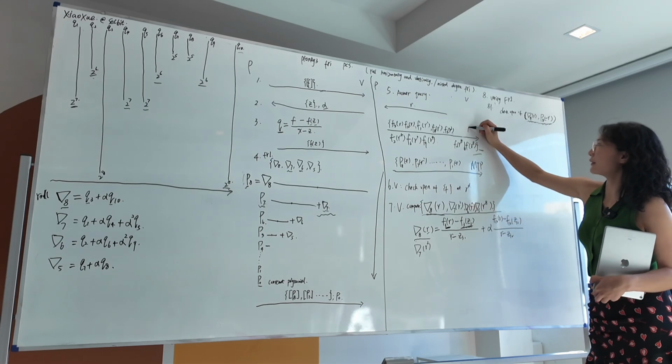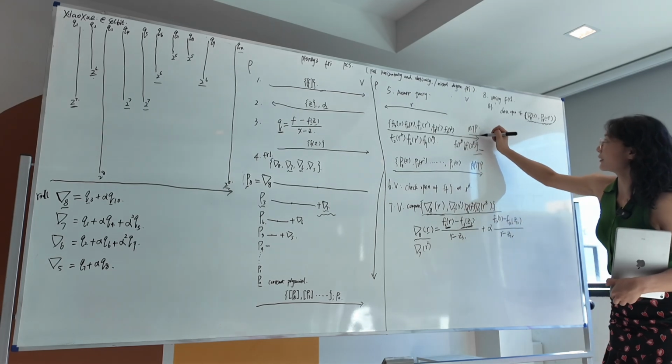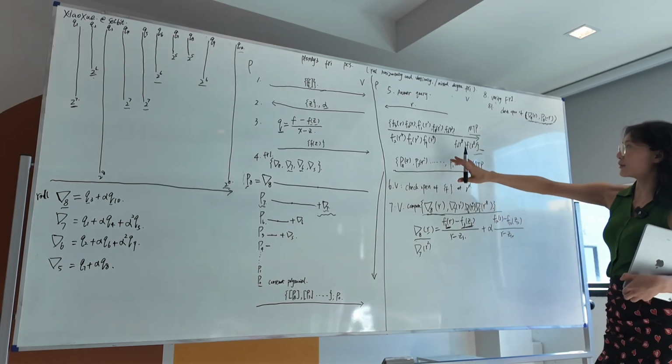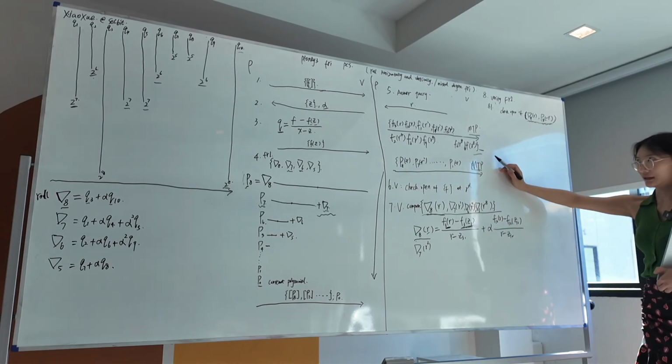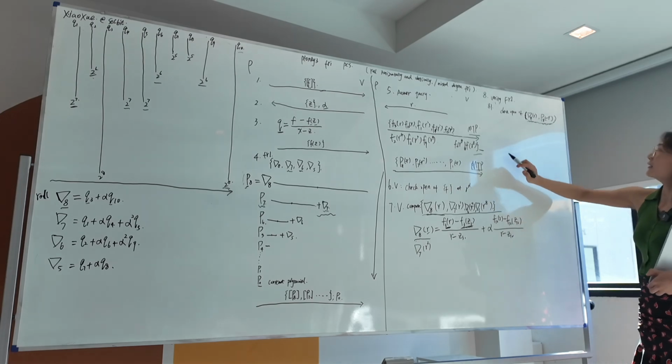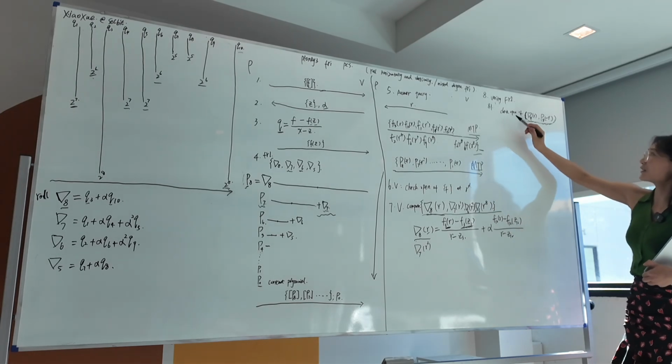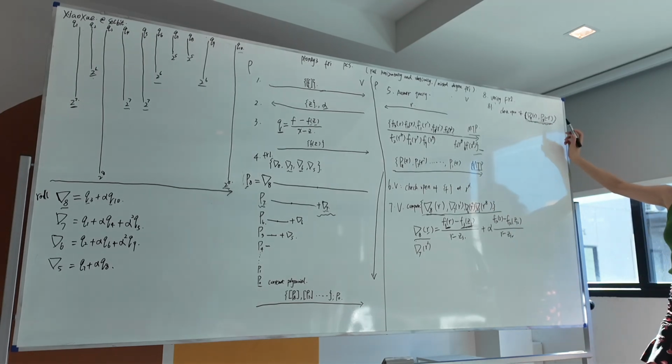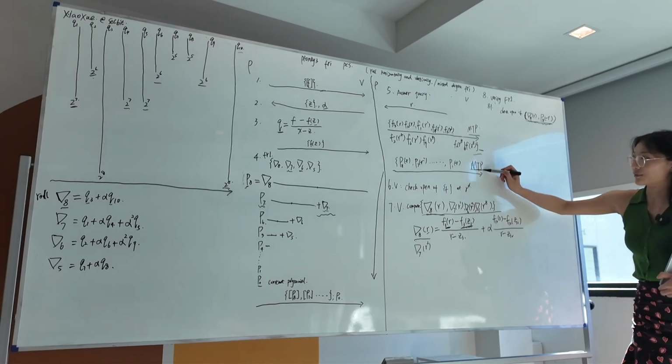Merkle tree path. Let me write the Merkle tree path here. The prover sends the open value and also needs to send the opening proof, i.e. the Merkle tree path. The verifier will check the open of these things using the Merkle tree path sent here.